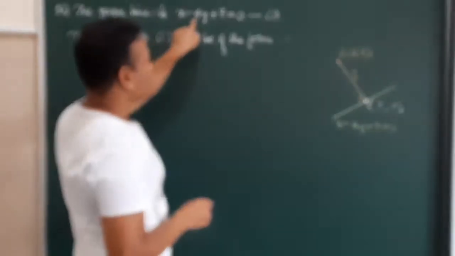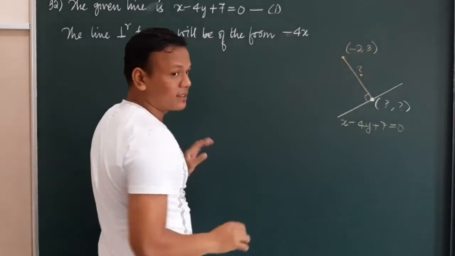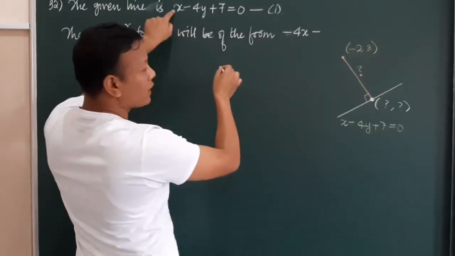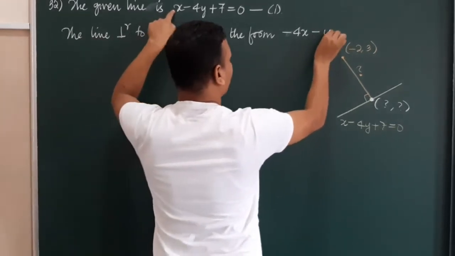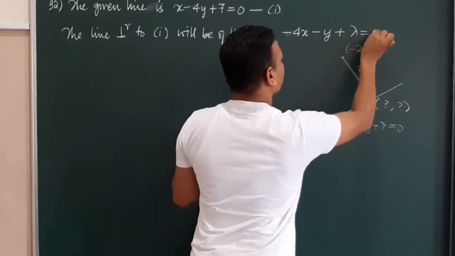What is b here? B is -4, so -4x, that is bx, minus ay, and a is 1, so it will be only y here, plus lambda equals 0.